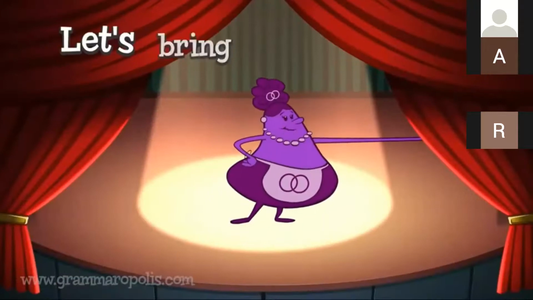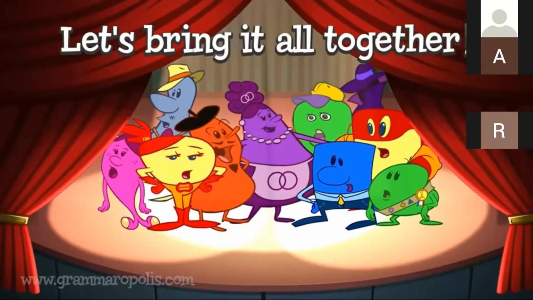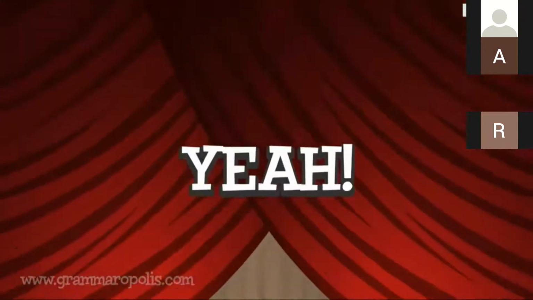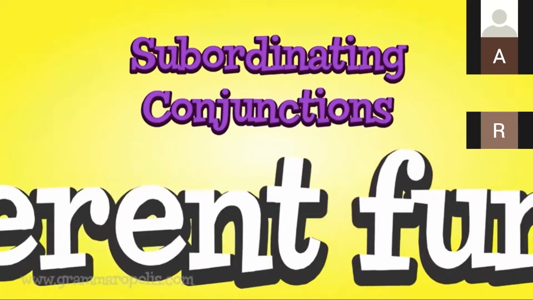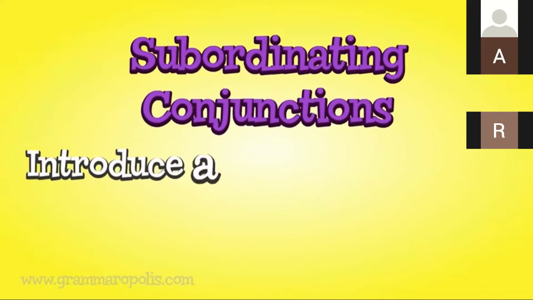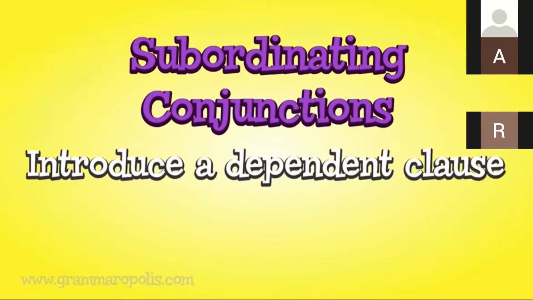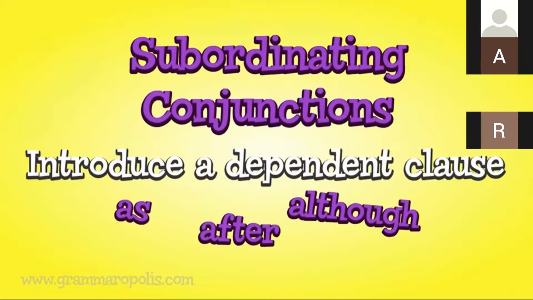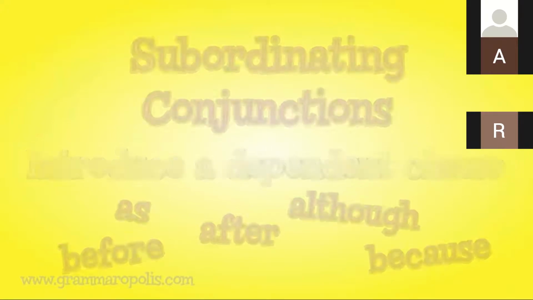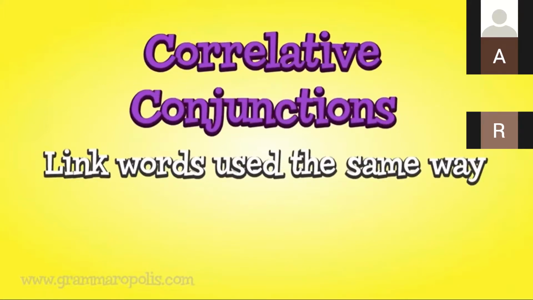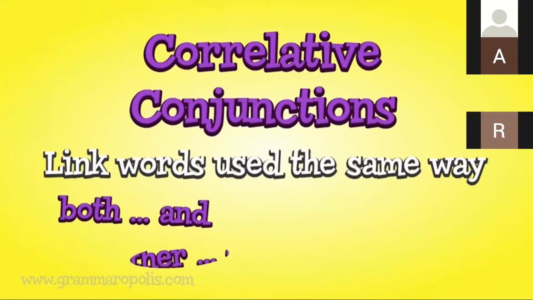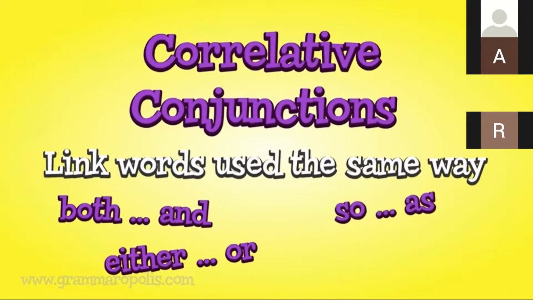Subordinating conjunctions have a bit of a different function. They introduce a dependent clause with an after or although or as or before. Use a correlative conjunction, you use it both in an and, or an either or.